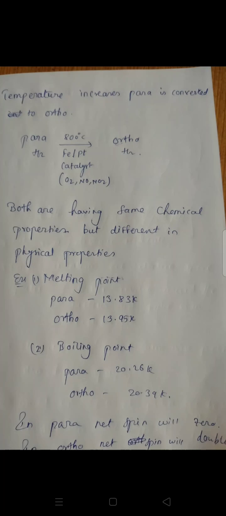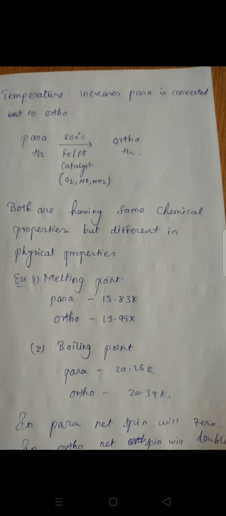So first take the para hydrogen and heat it to 800 degrees centigrade. Then the para hydrogen is converted into ortho hydrogen, meaning all the spins which are oriented in the opposite direction are converted into the same direction.